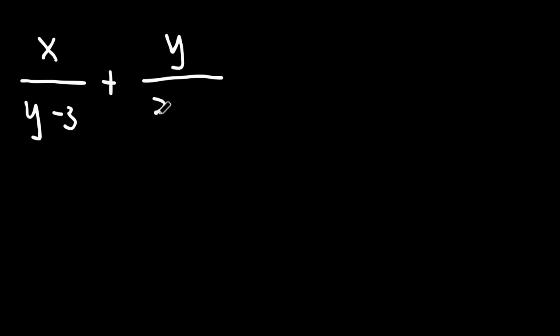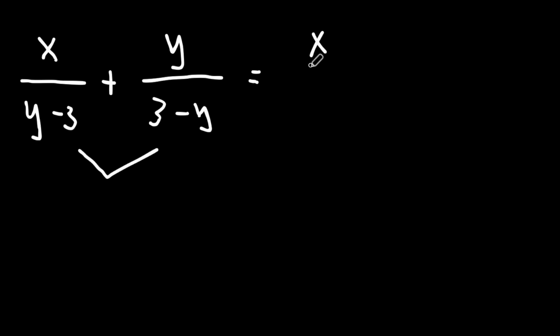Okay, let's try another one because I think this might be a little tricky. So x over y minus 3, plus, okay, let's just do a plus, y over 3 minus y. They look so similar, but they are not the same. So how do I do this?